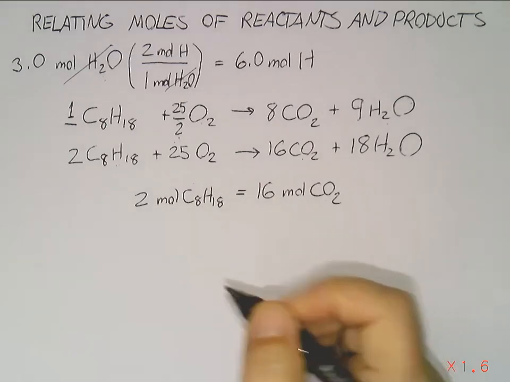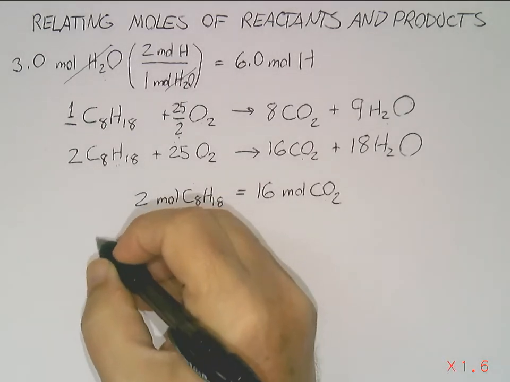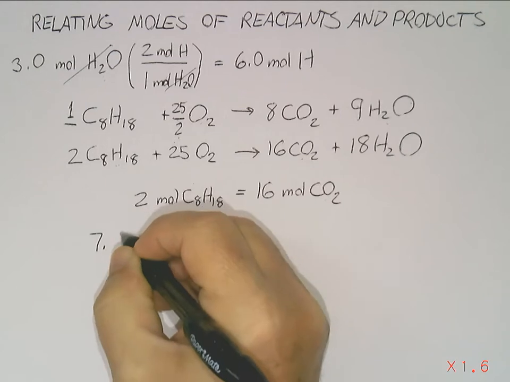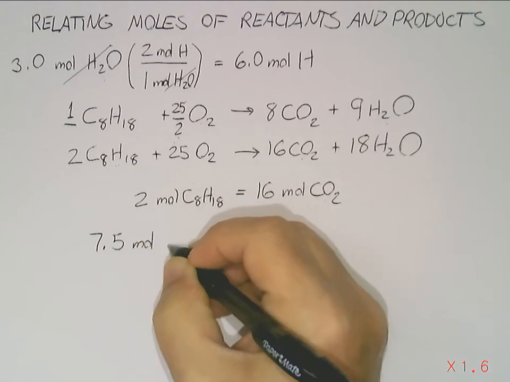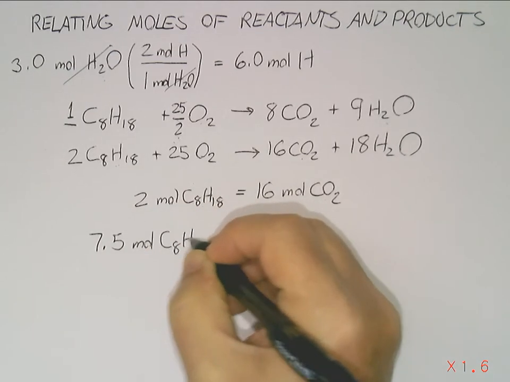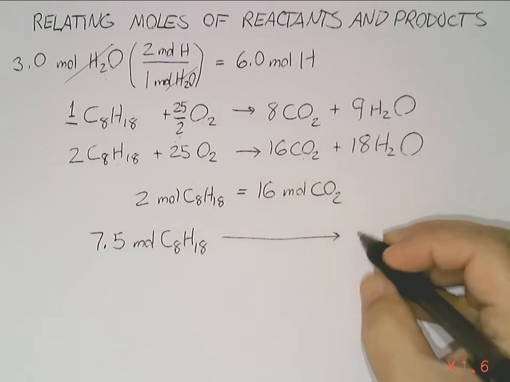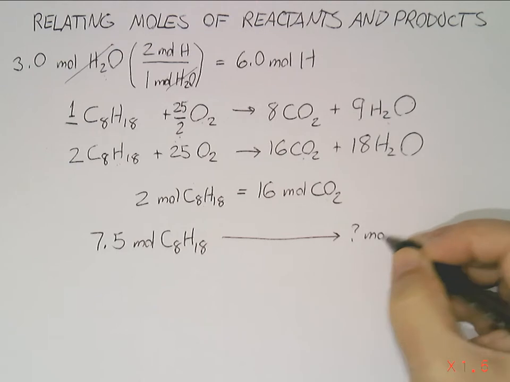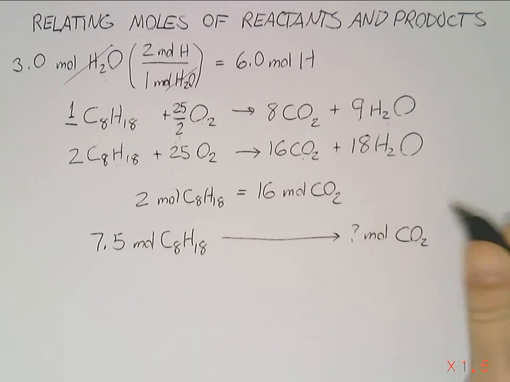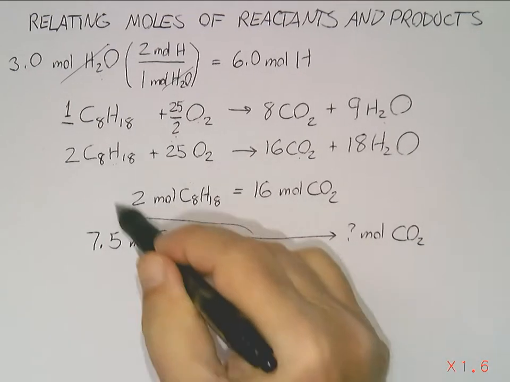So suppose I have a problem that says I have 7.5 moles of octane. How many moles of CO2 am I going to get from that? Now I can use this as a conversion factor.